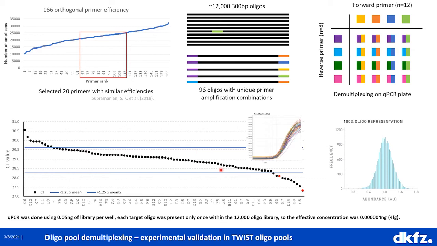And these lines here, we're working with Twist at this point, they guarantee a certain distribution of the oligo. So any dots that fall within here, this is essentially the manufacturing fidelity. And we're very happy with this actually, but we did find a couple of points where we found some doublets. So this would be a little problem with this strategy if you're trying to demultiplex with very high reliability.